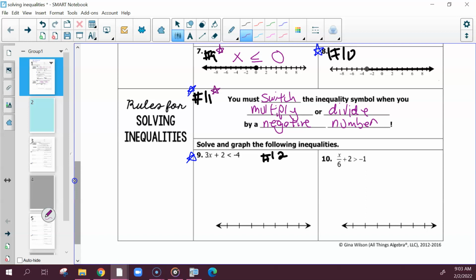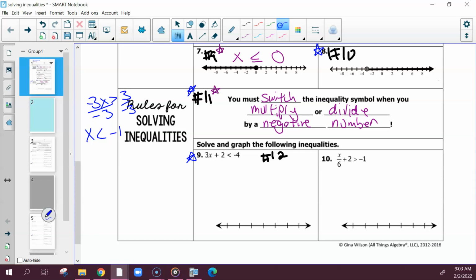So let's say I have something like negative 3x is greater than 3. And I'm trying to solve this, so I got to get x by itself. And I would divide both sides by negative 3. Well, when I do that, because I'm dividing by a negative, my sign is going to change directions. Magically, that happens every single time.